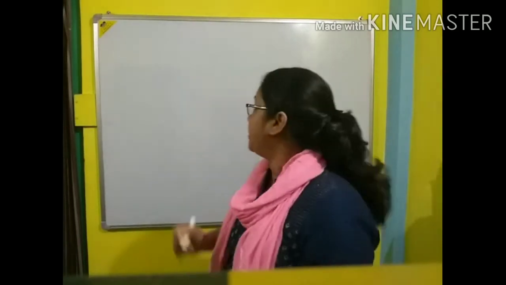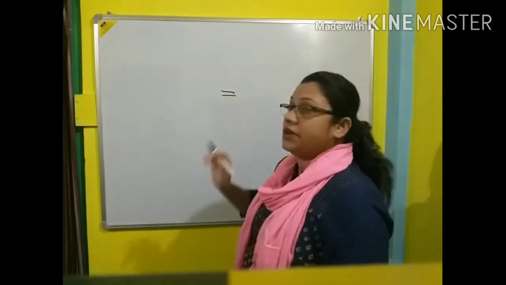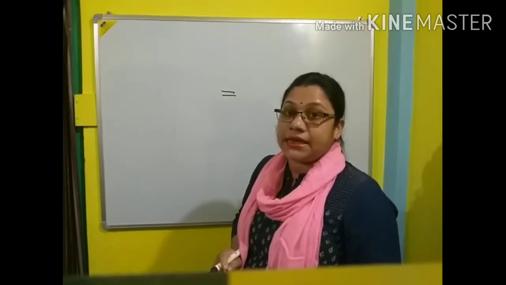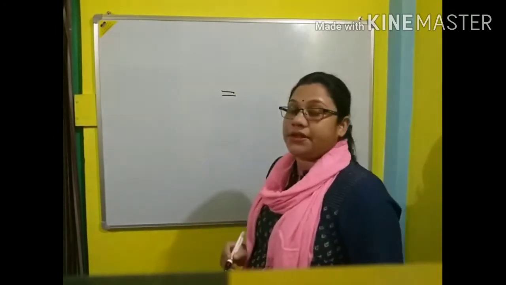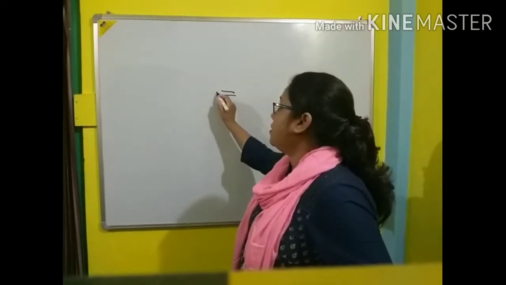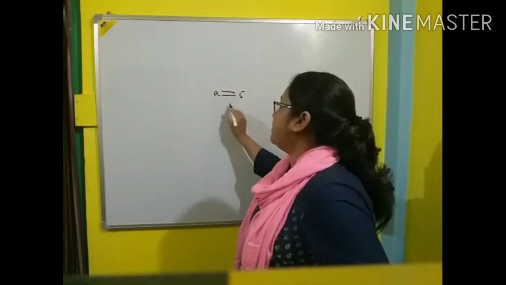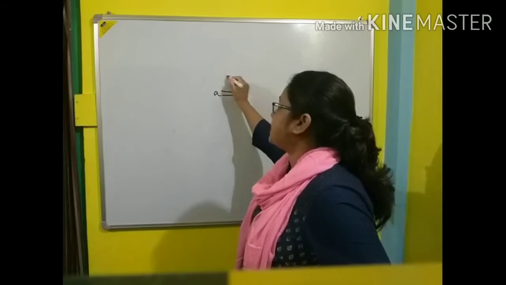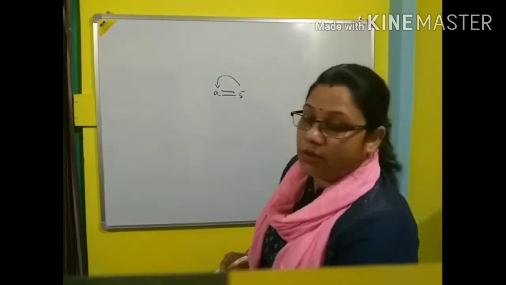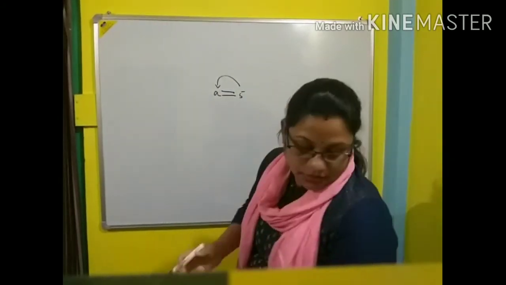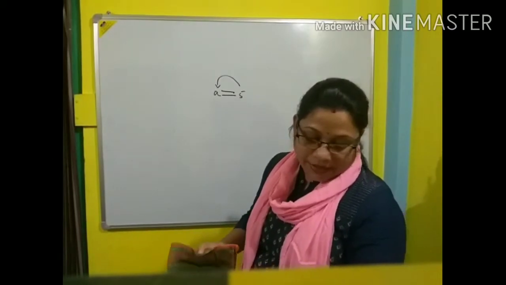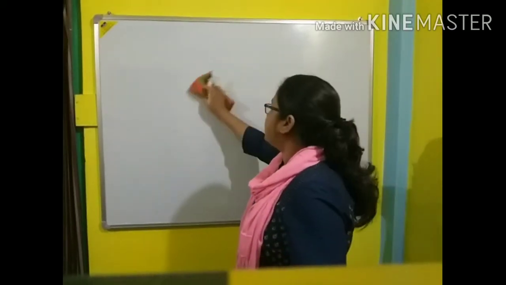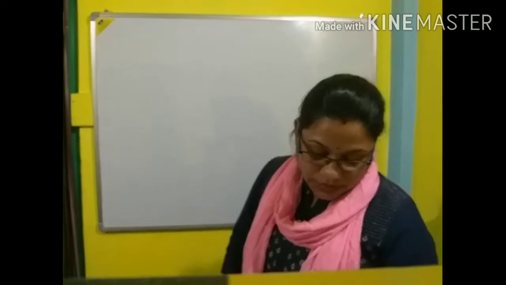Then the assignment operator: this simple equal symbol is known as the assignment operator, and it is basically used to assign a value to a variable. A is equal to 5 means the value 5 is assigned to the variable A. After that, the 5 arithmetic operators: plus, minus, division, multiplication and modulus.